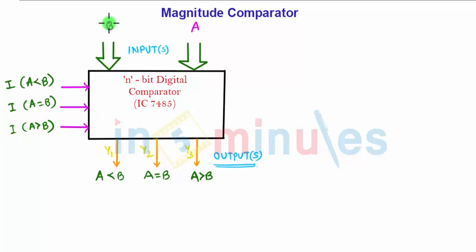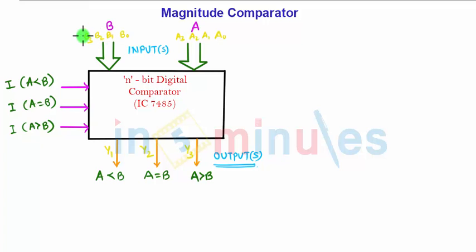As I said, IC 7485 is a 4-bit magnitude comparator. So it takes the inputs A and B as 4-bit numbers. There will be 4 bits for A: A0, A1, A2, A3, and for B: B0, B1, B2 and B3.